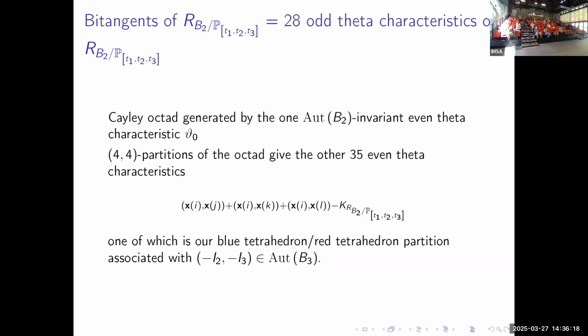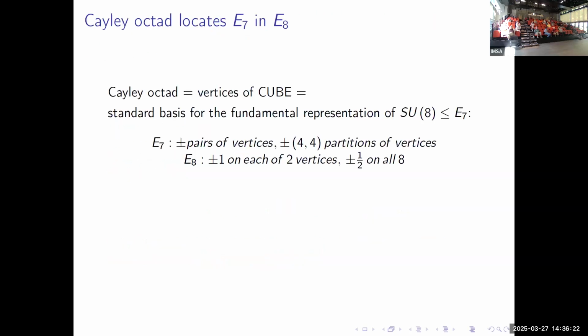One of which, of course, is our blue-red partition. And this is going to be essential. The Cayley octad places, if you will, well, I'll say it this way.